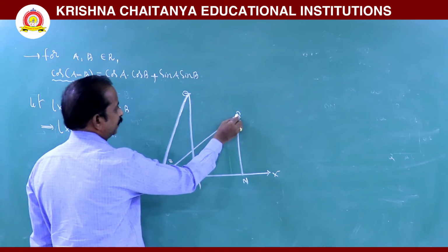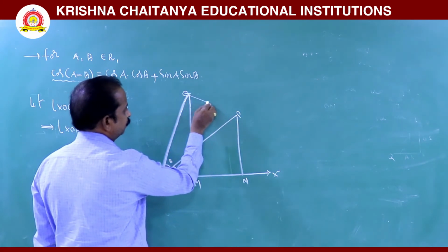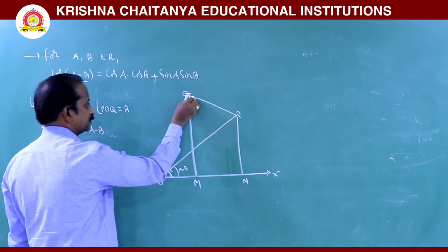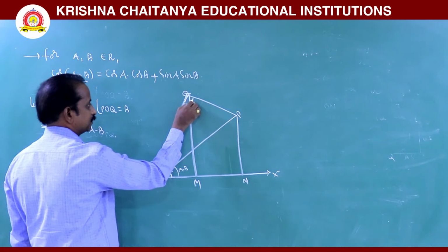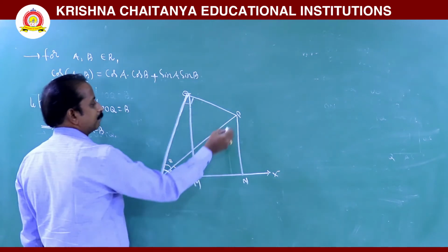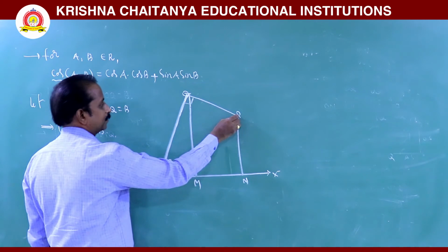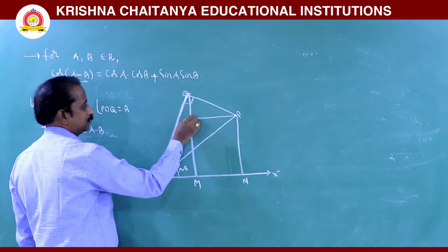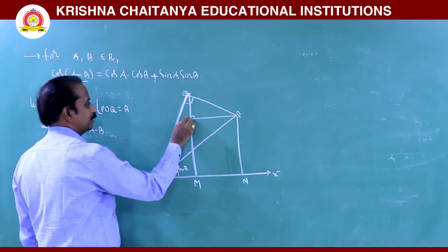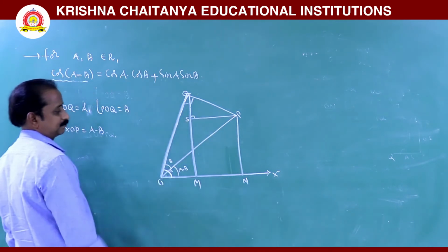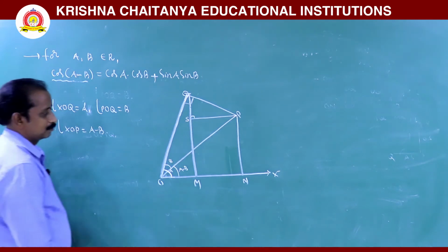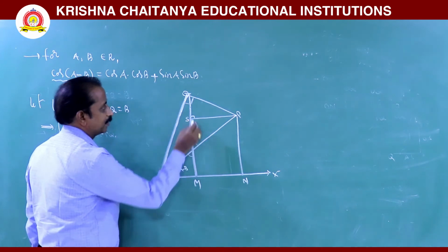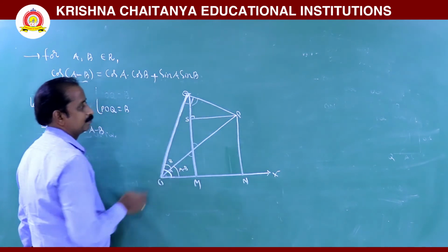Draw a perpendicular line from P to QM. Here is the right angle, here is the right angle. This perpendicular line meets at a point S. Now we can measure this angle and this angle and this one.